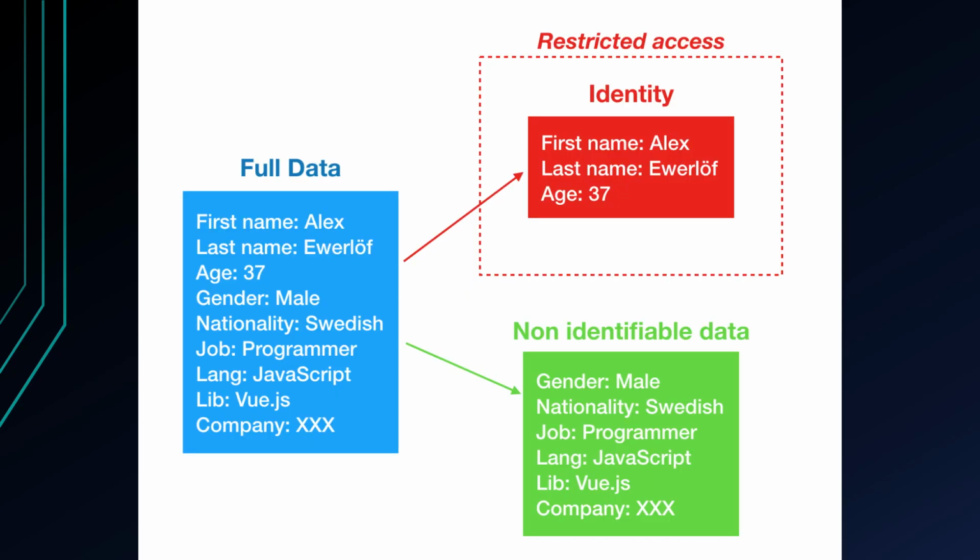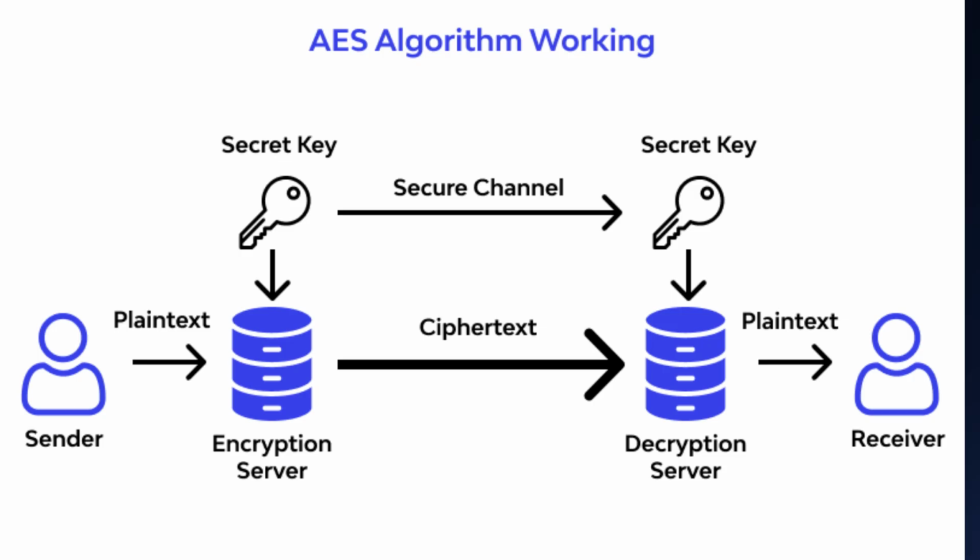Based on this threat model, I selected two privacy enhancing technologies: the first being pseudonymization using SHA-256, and the second payload encryption using AES.